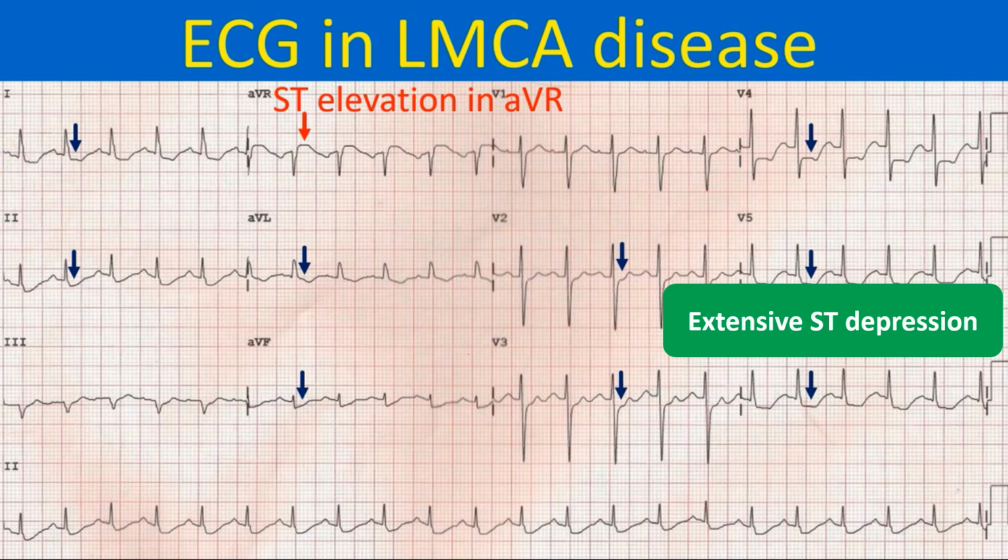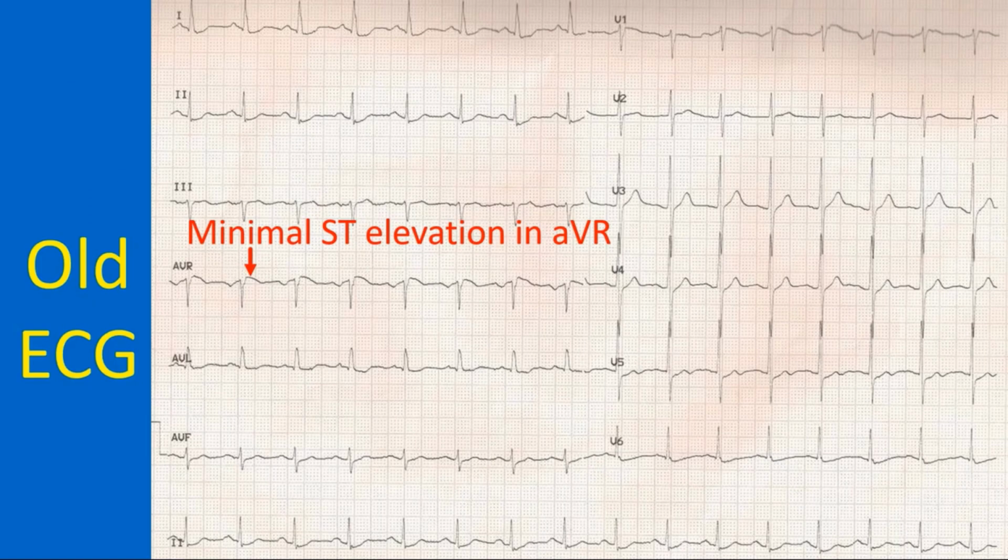The previous ECG is given below for comparison, which shows minimal changes. But the ST segment elevation, minimal in aVR, is seen. This highlights the need for serial ECGs in acute coronary syndrome, as initial ECGs may be normal even in those with severe disease.